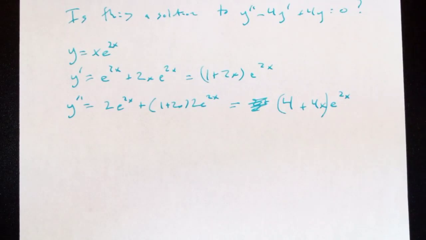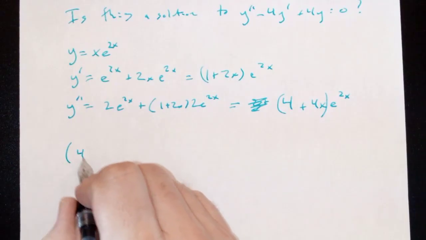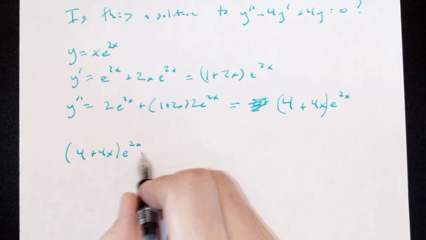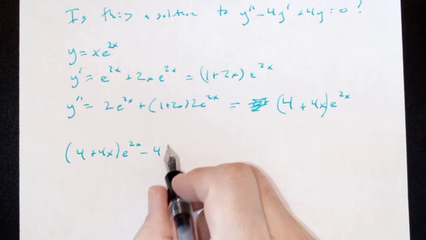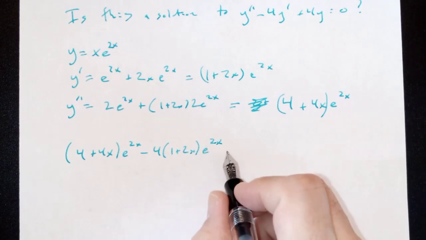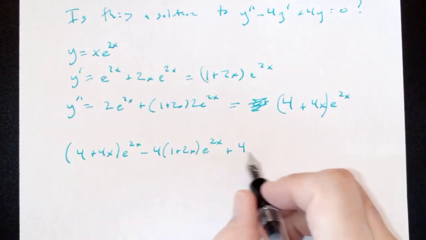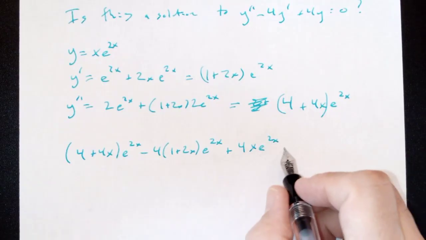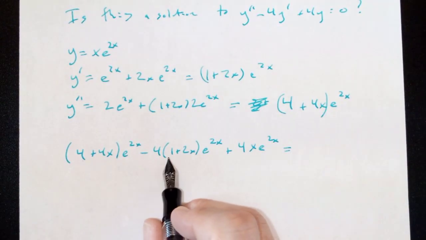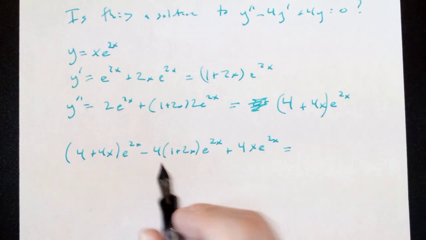Plug it in, see if everything cancels out. y double prime minus 4y prime plus 4y equals, I got 4 minus 4.